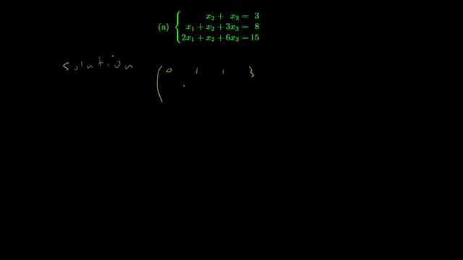And then the second row is 1, 1, 3, and 8, right? These are the numbers coming from the coefficients and the constant term. The last row in the matrix consists of, let's say, 2, 1, 6, right? And then 15. Okay. So we have the augmented matrix.